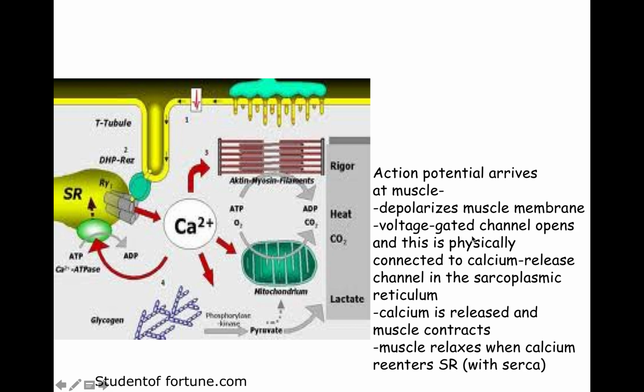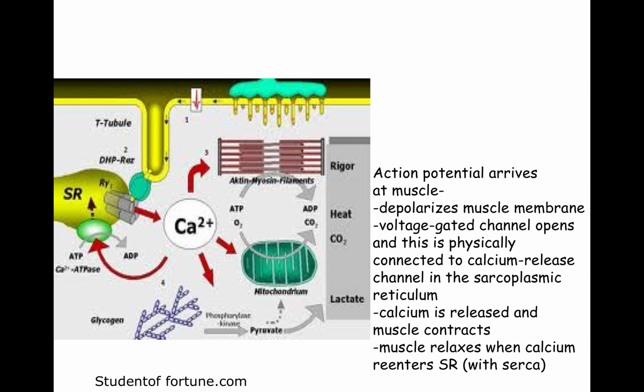It's a voltage-gated channel, and this is physically connected to a calcium release channel in the sarcoplasmic reticulum called the ryanodine receptor. A little bit of calcium comes in, causes a bunch of calcium to come out of the ryanodine receptor, out of the sarcoplasmic reticulum. Calcium causes contraction. We're going to cover that in the next podcast.